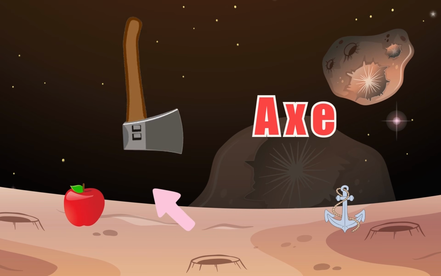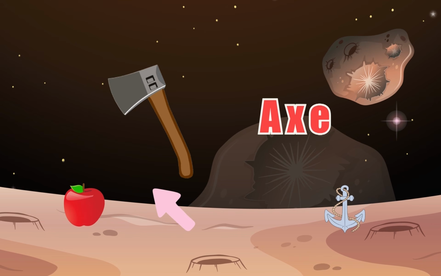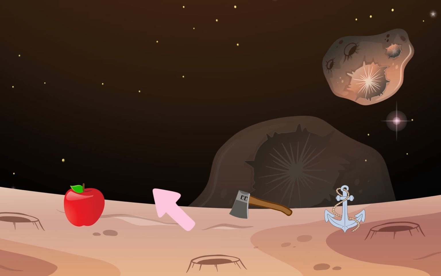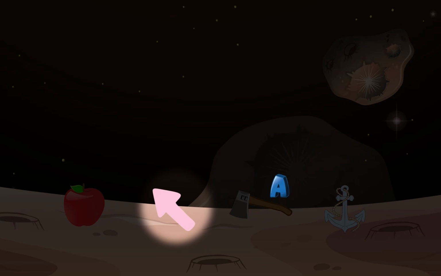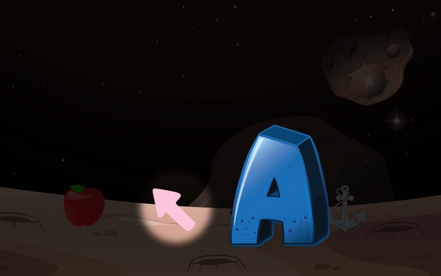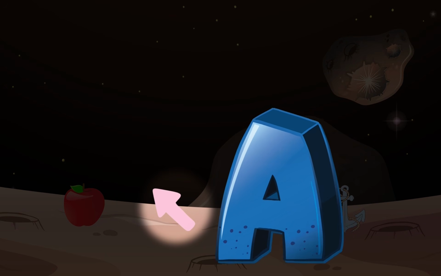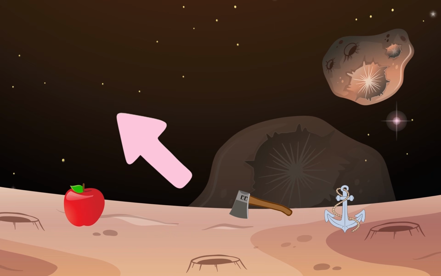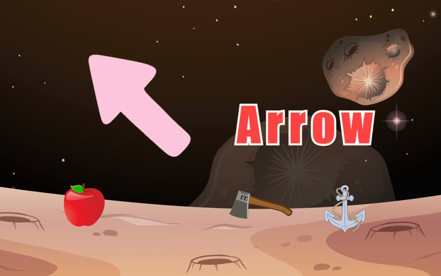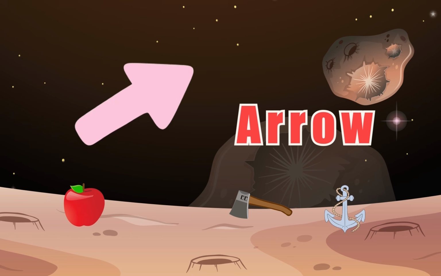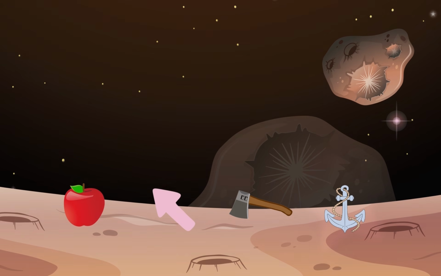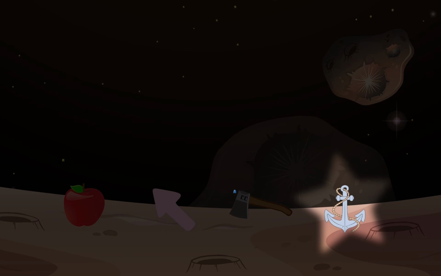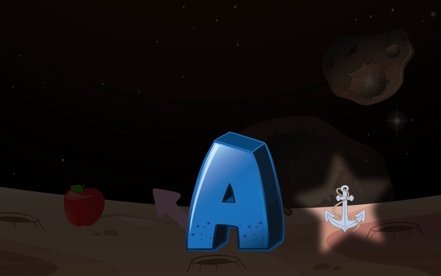An axe starts with letter A. Good job. Next is this one. Do you think it starts with letter A? Yes, it's an arrow. An arrow starts with letter A. Good job. Last is this object. Does it start with letter A?